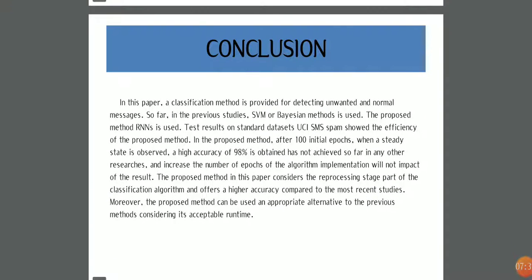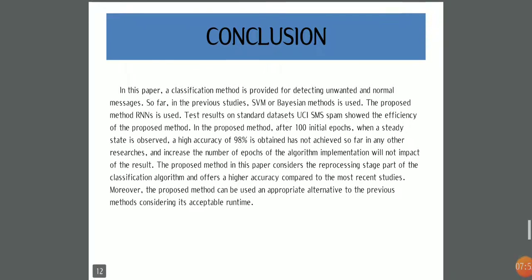And here is the final conclusion of our project. In this paper, a classification method is provided for detecting unwanted and normal messages. In previous studies, SVM or Bayesian methods were used. The proposed method uses RNNs. Test results on the standard dataset UCI SMS spam showed the efficiency of the proposed method.